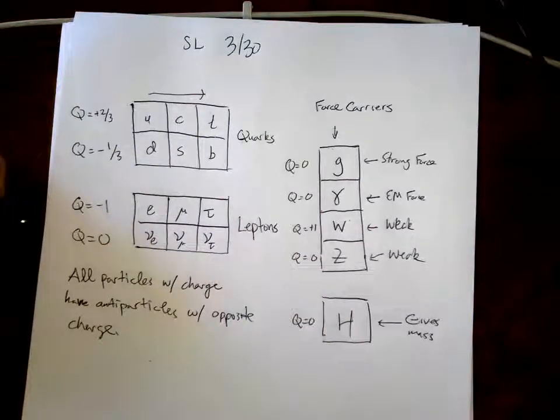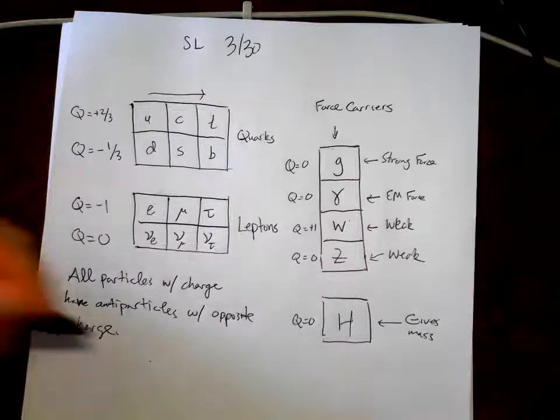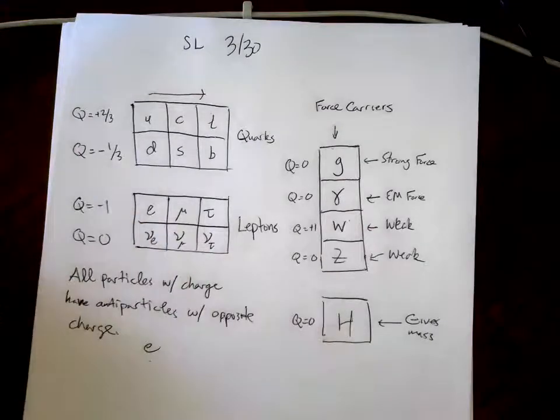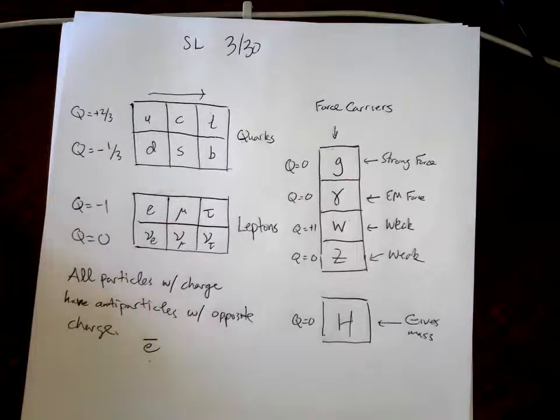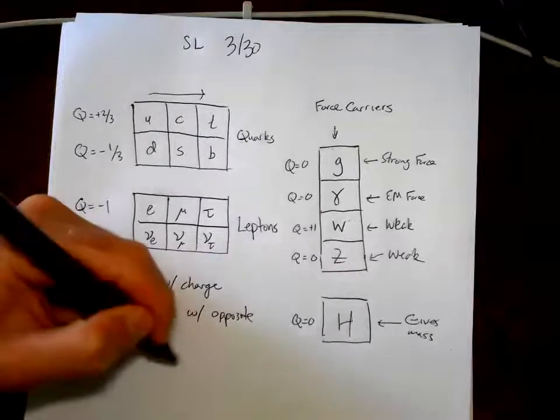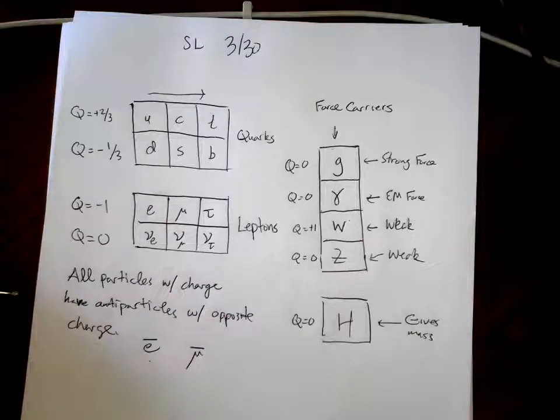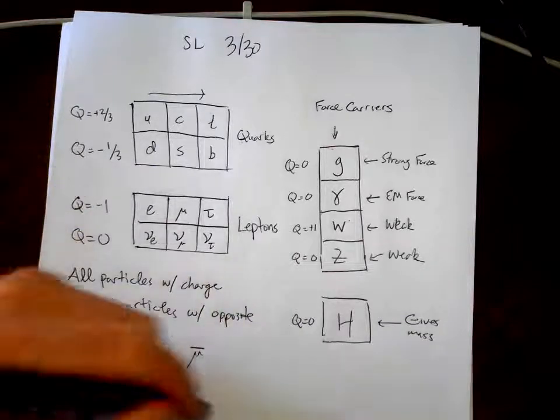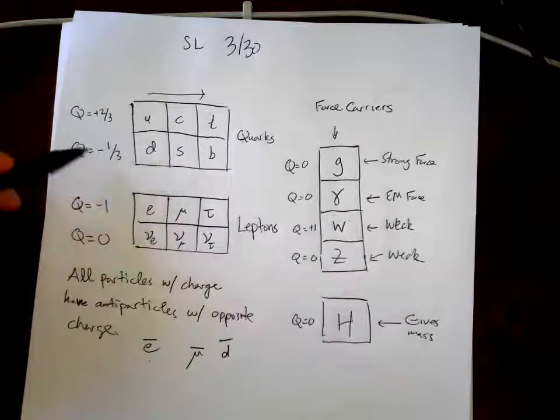And those are written with a bar. So, for example, an anti-electron would be written as E bar. It would have a charge of +1. An anti-muon would be mu bar. It would have a charge of +1. Down has a charge of -1/3, so an anti-down has a charge of +1/3, etc.